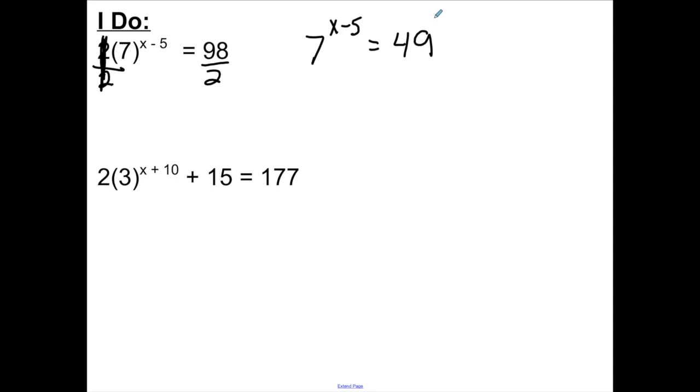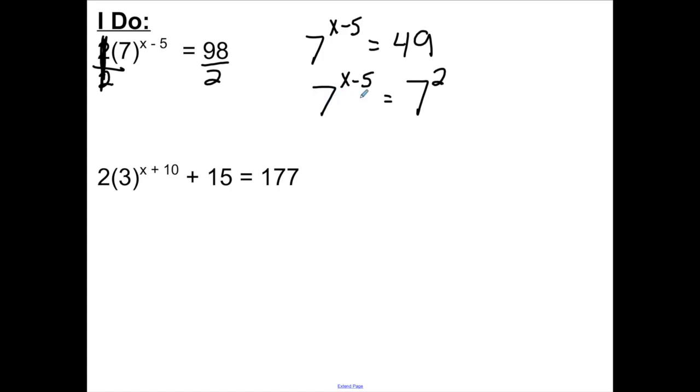That base is alone. So now I'm ready to see if I can write what's left on the right as a power of 7. You're only going to be doing this analysis once the base is alone. So 49 is 7 to the power of 2.